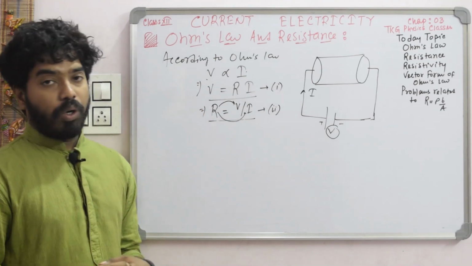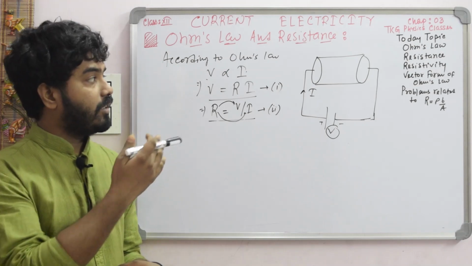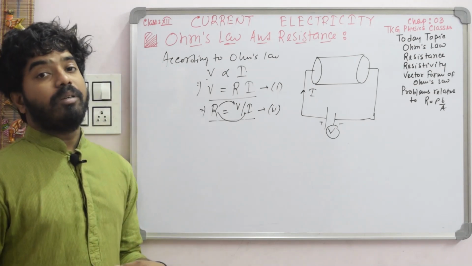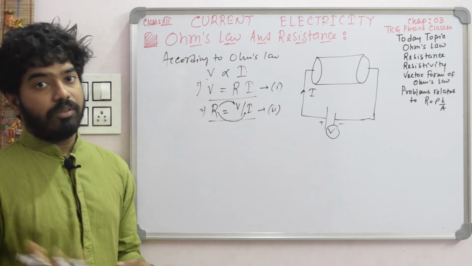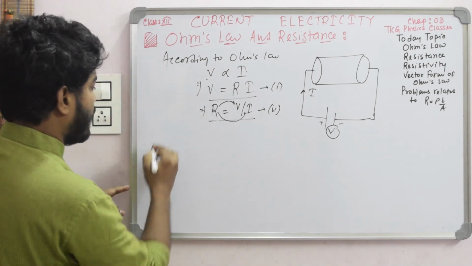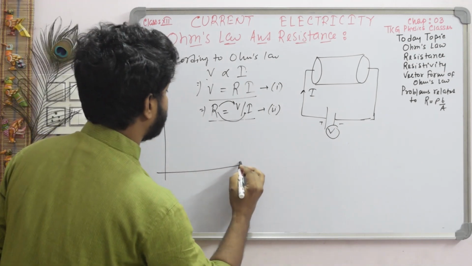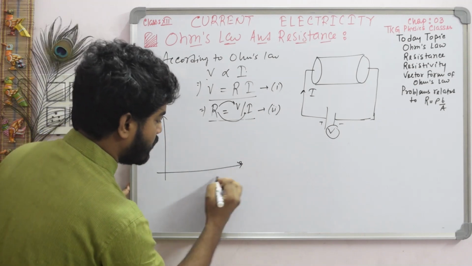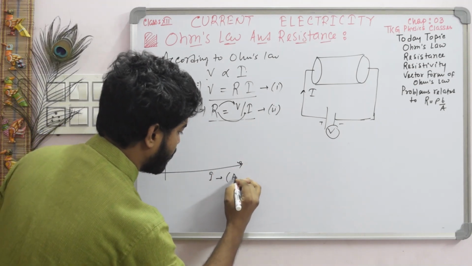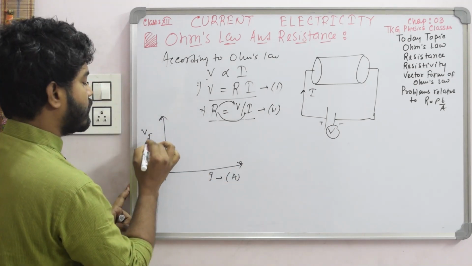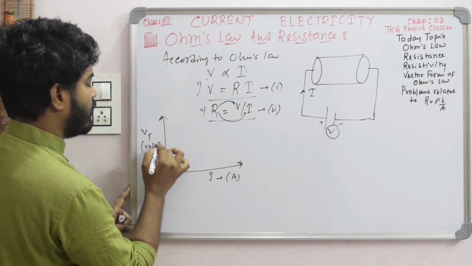Now if we draw the VI graph from this equation, what will the slope of this graph represent? Draw it. In the VI graph, along the x axis we represent I, current, whose unit is ampere, and along the y axis, voltage, that is potential, whose unit is volt.